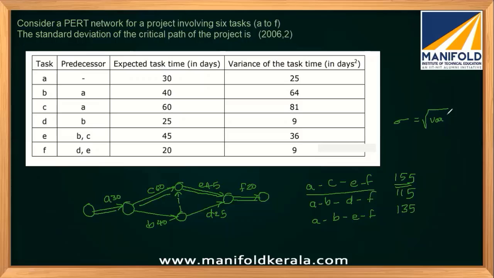For the critical path, it will be the root of: A variance is 25, plus C 81, plus E 36, and F 9.